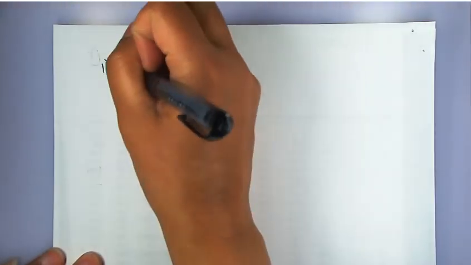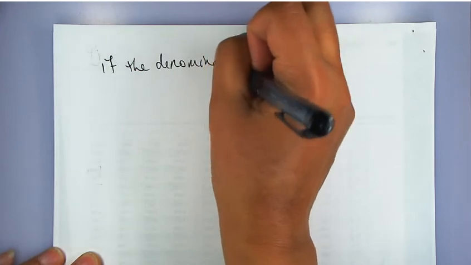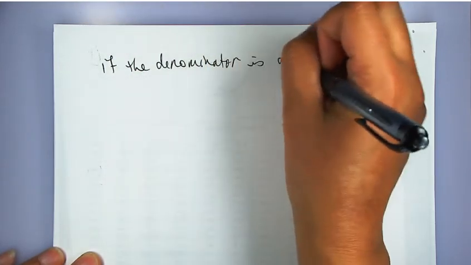Then you have to multiply by what we call the conjugate. So to rationalize the denominator, you have to multiply both the numerator and the denominator by the conjugate.